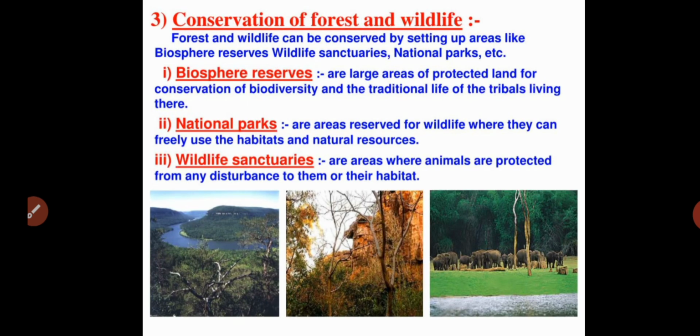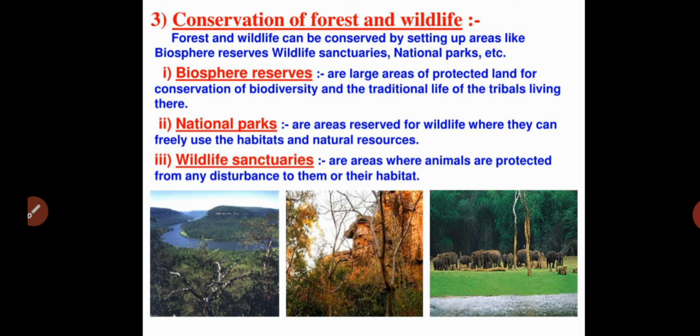Next, coming to conservation of forest and wildlife. Conservation of the forest is very important, and wildlife is also very important. Students, usually forest and wildlife can be conserved by setting up areas like biosphere reserves, wildlife sanctuaries, national parks and other things like that.